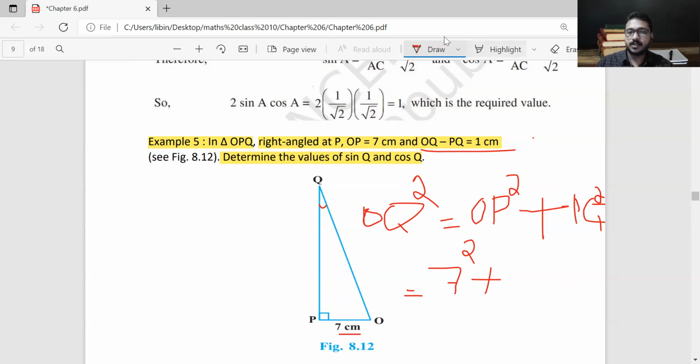I'll show you. If I write OQ is equal to 1 plus PQ, is it correct? Obviously it is correct. So instead of OQ, we can write 1 plus PQ, and we can directly apply our Pythagoras theorem. That's how we are solving this question.